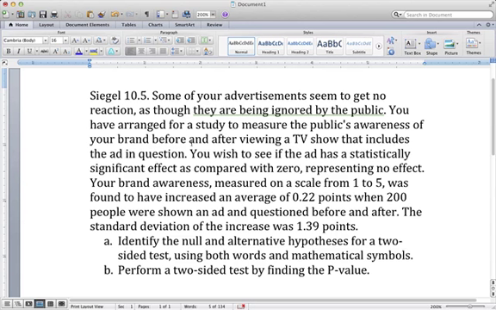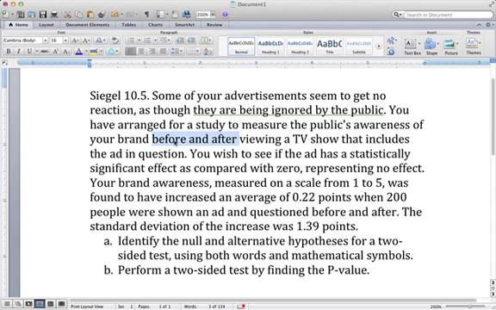Some of your advertisements seem to get no reaction, as though they're being ignored by the public. You've arranged for a study to measure the public's awareness of the brand both before and after viewing a TV commercial. So whenever you see before and after, that's usually, but not always, an indication that you've got one of these paired sample t-tests going on.